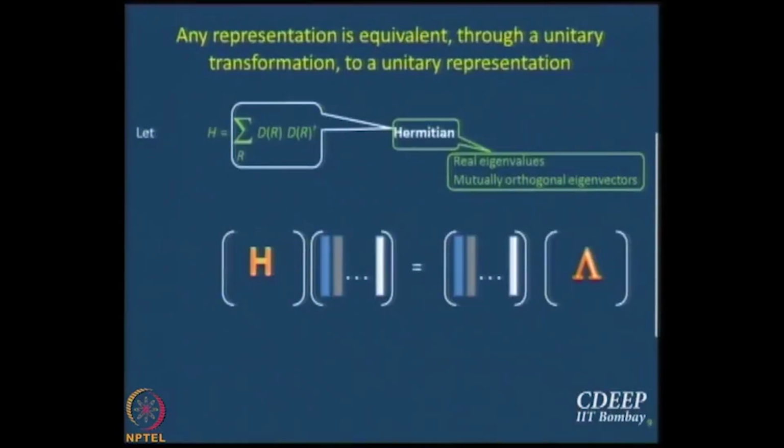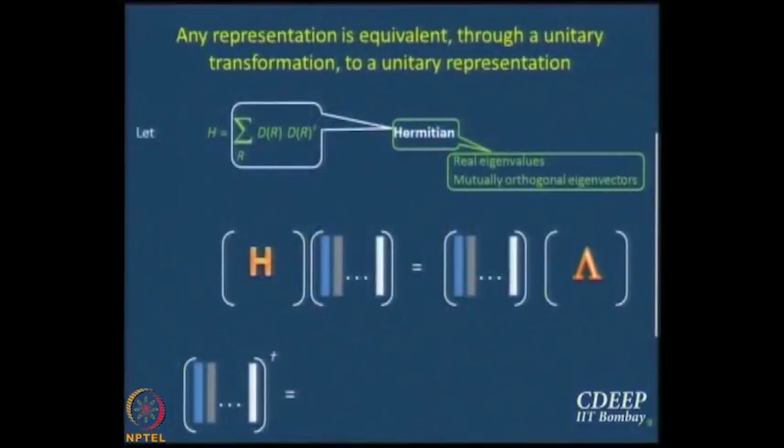Okay. Now, do you remember this equation? We had written H matrix multiplied by capital X matrix equal to capital X multiplied by lambda. What is the lambda matrix? Does this ring a bell? Remember this equation? Fine.